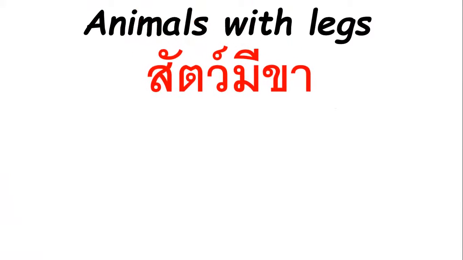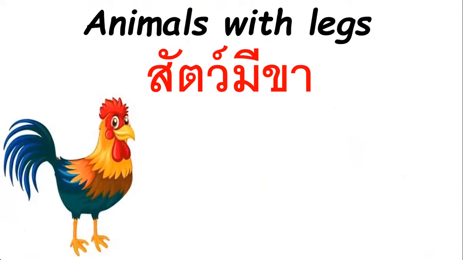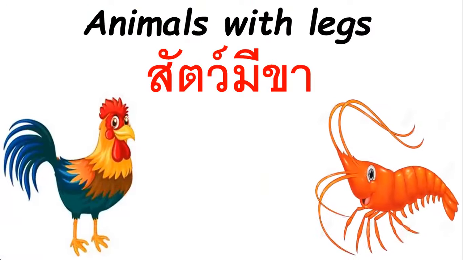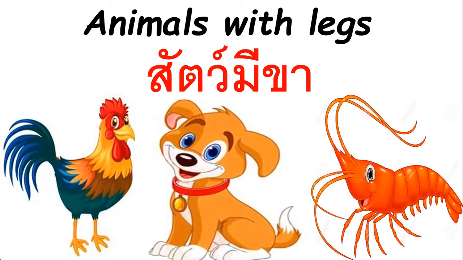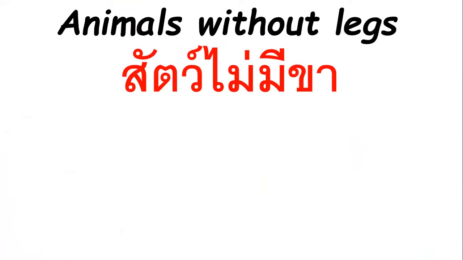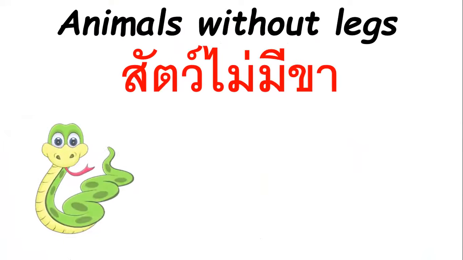Animals with legs. What are the examples of the animals with legs? So these are the examples of animals with legs. Animals without legs. Animals without legs are the following.